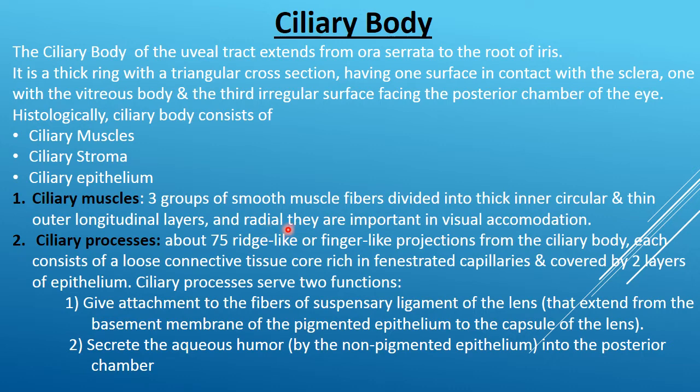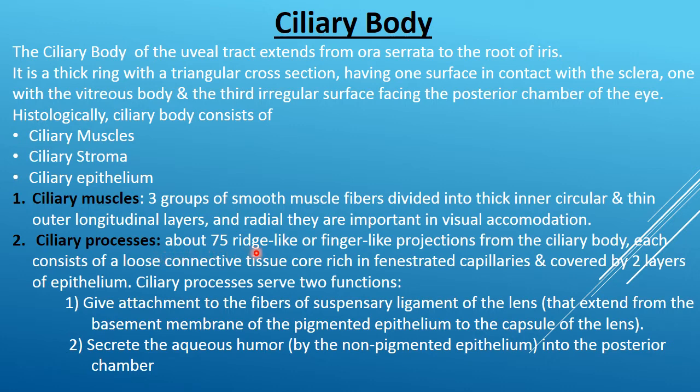They induce tension on the zonular fibers, pulling them and making the lens more flattened. And the inner muscles, when they contract, release the tension on the zonular fibers, making them relax, and that's how they make the lens more biconvex. So these are the functions of these ciliary muscles.